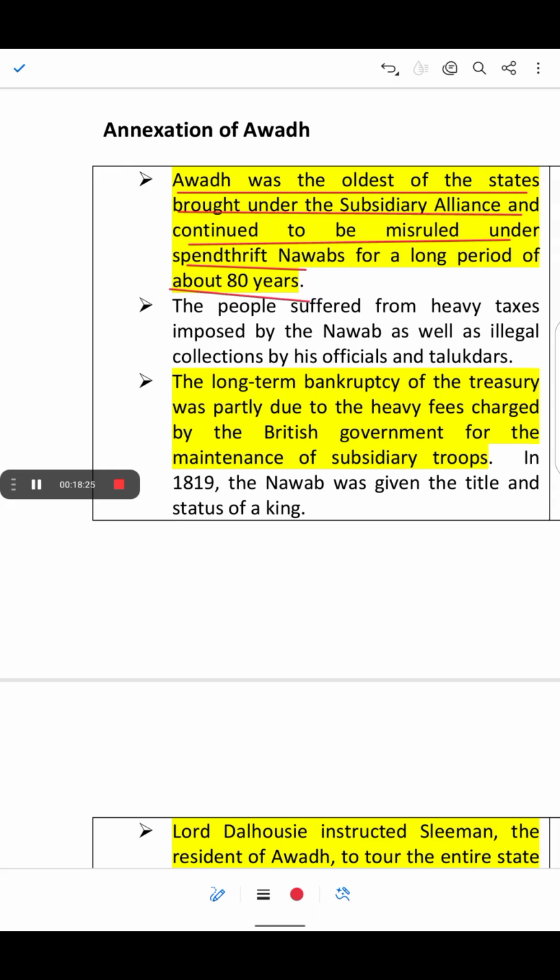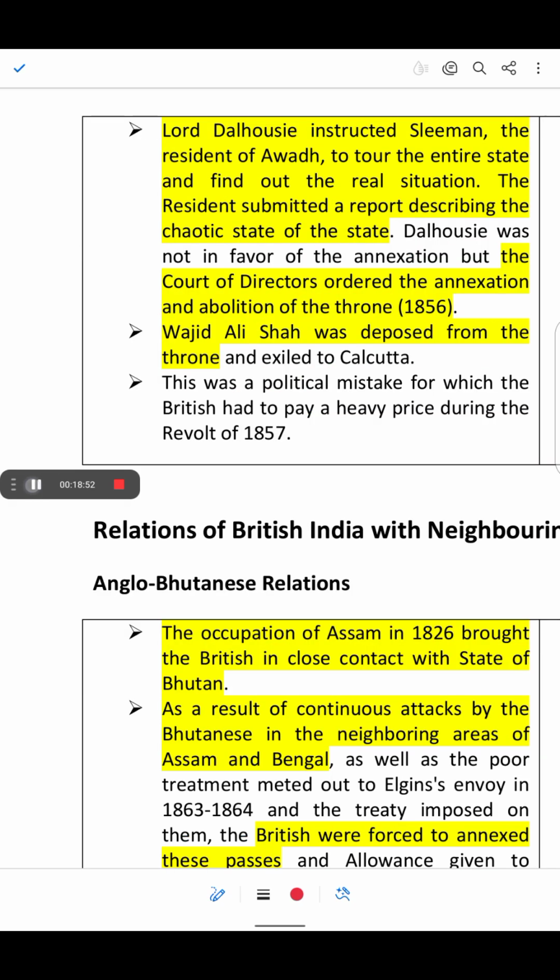The people suffered from heavy taxes imposed by the Nawab as well as illegal collections by his officials and talukdars. The long-term bankruptcy of the treasury was partly due to the heavy fees charged by the British government for the maintenance of the subsidiary troops. In 1819, the Nawab was given the title and status of a king.